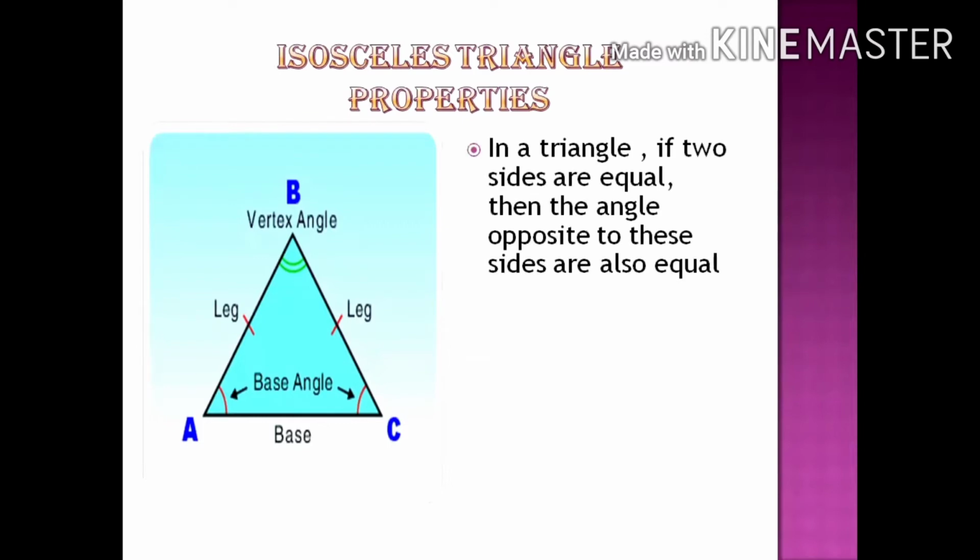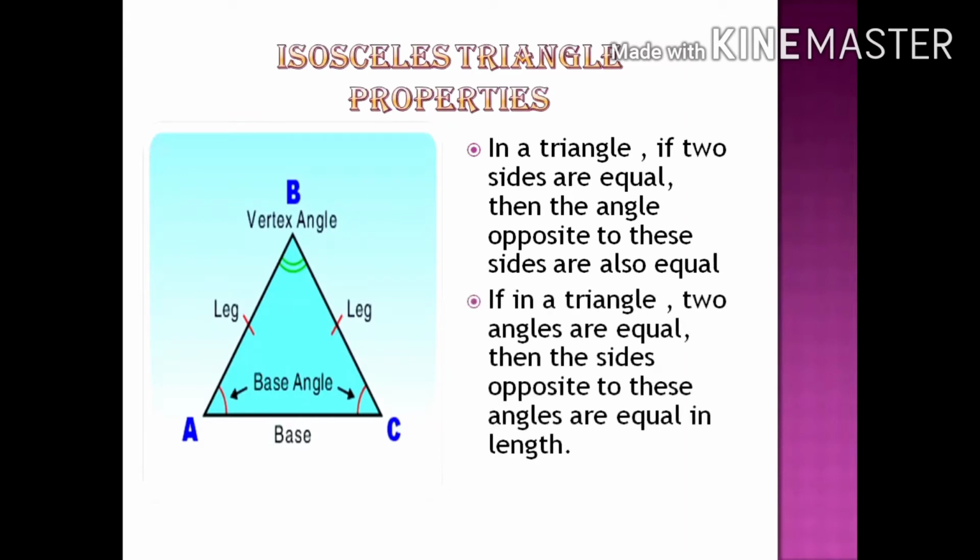If in a triangle two sides are equal, then the angles opposite to these sides are also equal. If in a triangle two angles are equal, then the sides opposite to these angles are of equal length. It means vice versa. If sides are equal, then angles are equal. If angles are equal, then sides are equal. So you must remember these two important properties of an isosceles triangle.